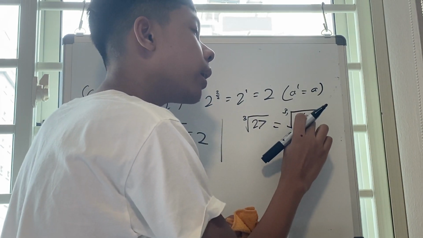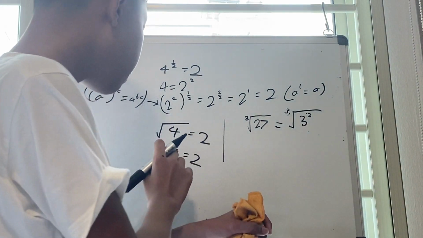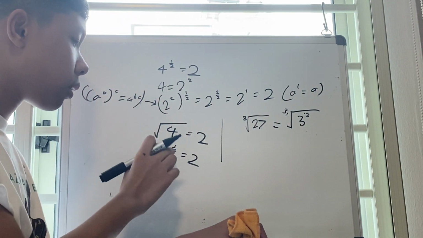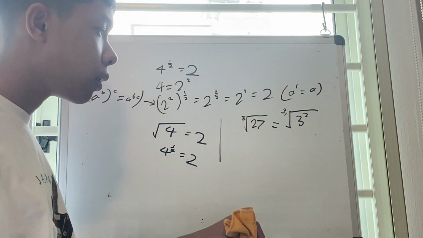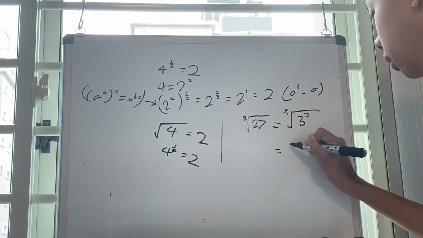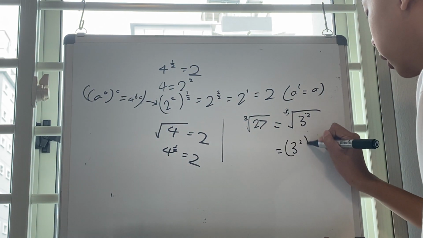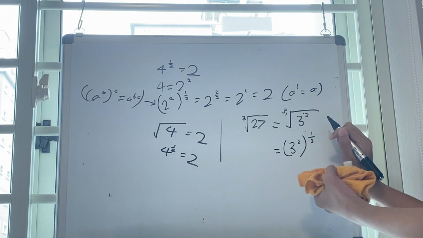Let's ask, why do they cancel out? Remember this? You can write the square root as 1 over 2 as the exponent. Then likewise for this, you can write 3 power 3, then raised to the power 1 over 3. Here we have it.